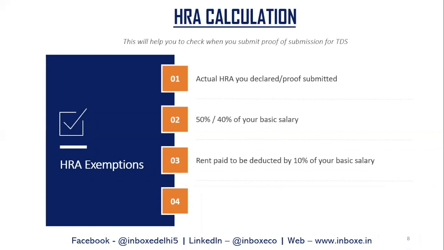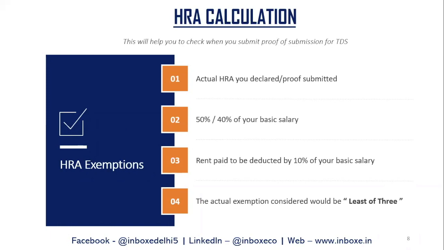So all these three amounts will be checked: the actual HRA you have declared, 40 or 50% of your basic salary, and the rent paid minus 10% of your basic. Of these three amounts, which will we choose? The actual exemption would be the least of three.